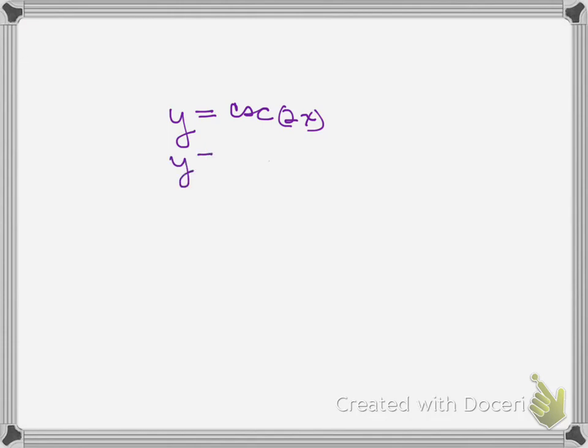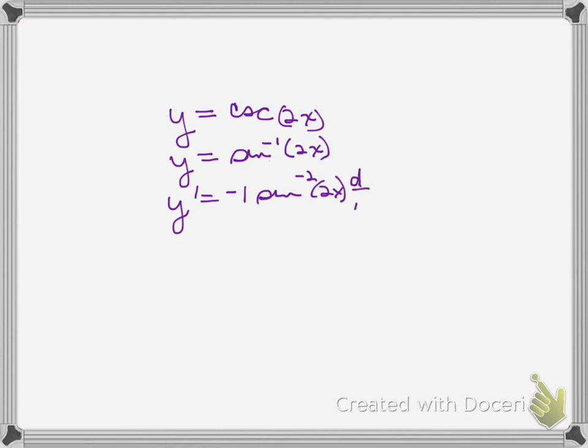The first thing I would do is rewrite cosecant as 1 over sine. So therefore this can be sine 2x to the negative 1 power. And now take your derivative. Using the power rule, negative 1 sine to the negative 2 of 2x.